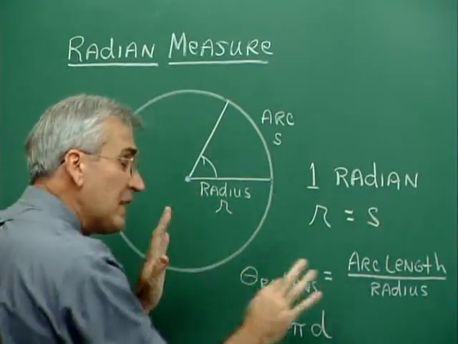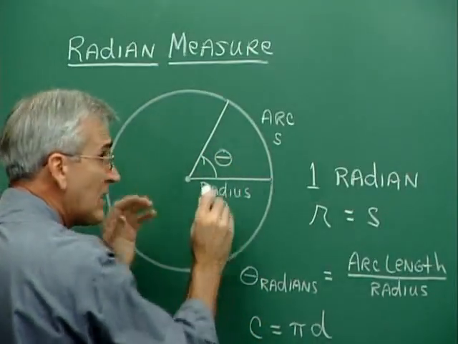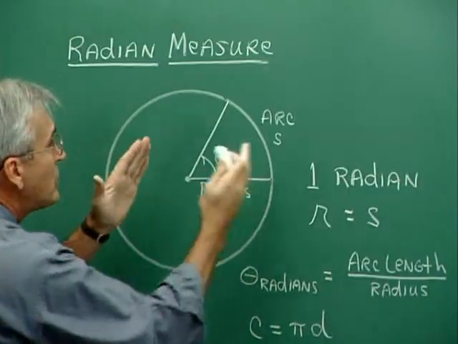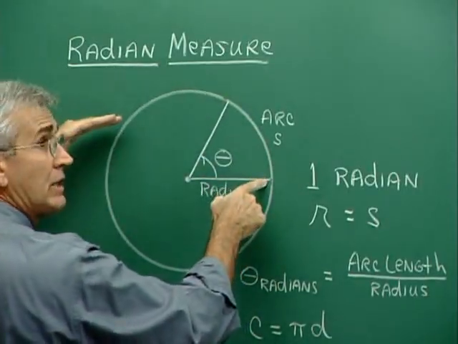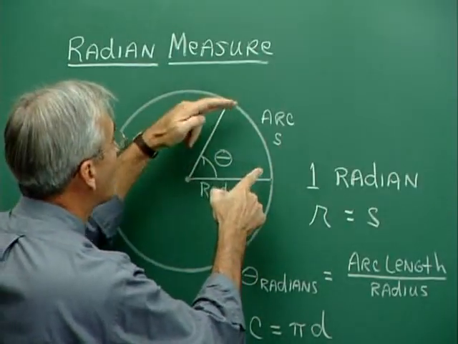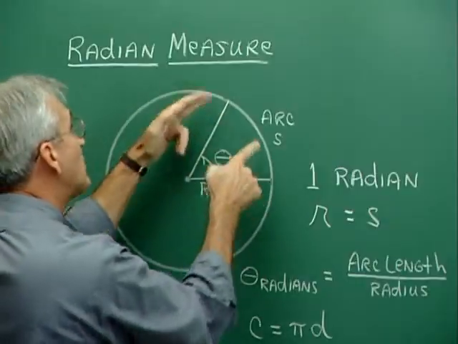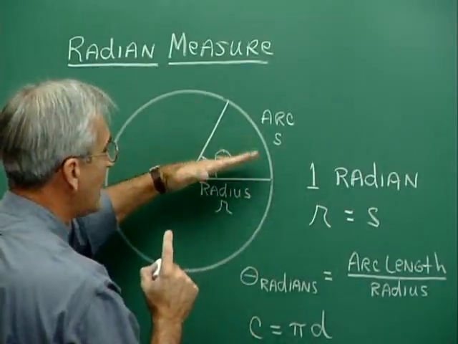Now, theta in radians, this opening in number of radians, can be calculated by using the arc length. We just take the arc length, whatever it might be, and divide by the radius unit, and then we have the number of radius units along the arc length, so we have the number of radians for the opening of the angle.